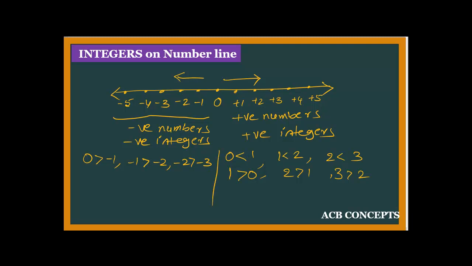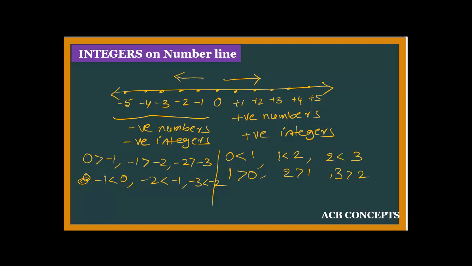That means -1 is less than 0, -2 is less than -1, -3 is less than -2. So as we move from 0 to the left side, its value decreases.